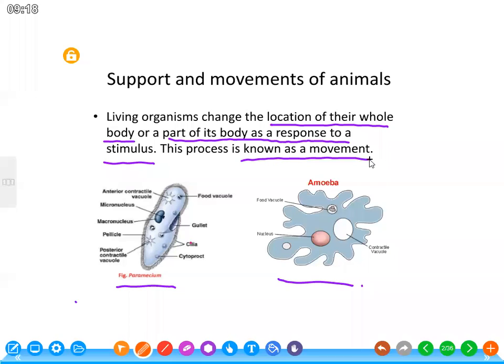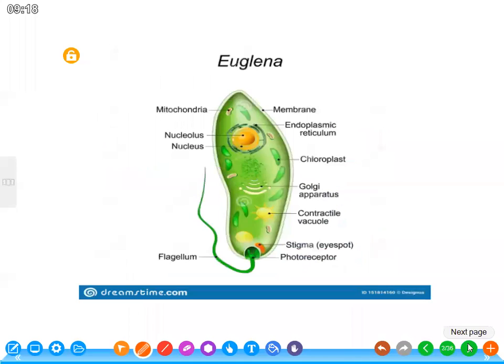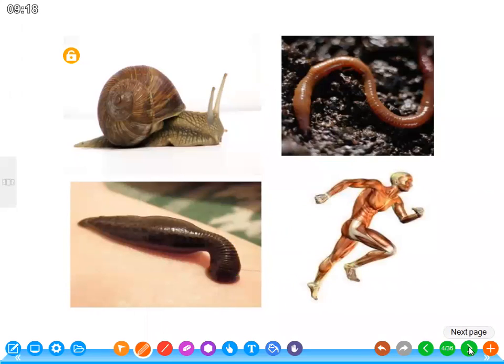So, you can observe some organisms. First, paramecium, then amoeba, euglena. Paramecium, amoeba and euglena are unicellular organisms. Then this is snail. This is earthworm.